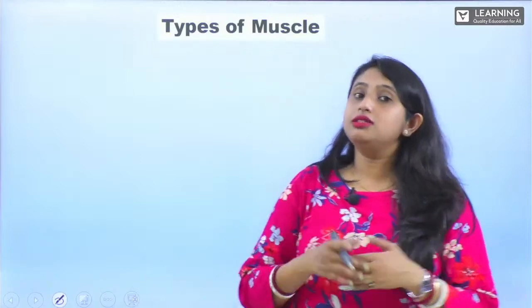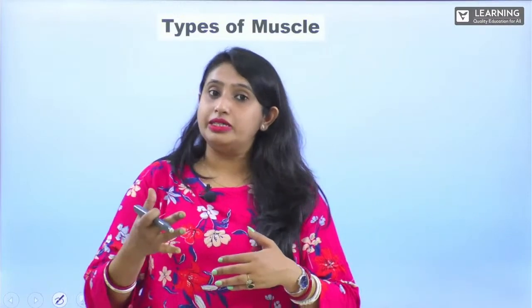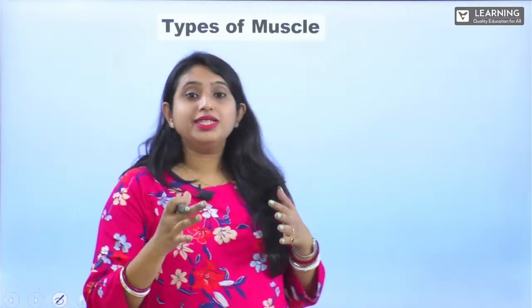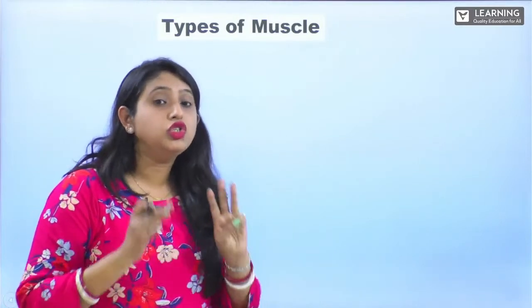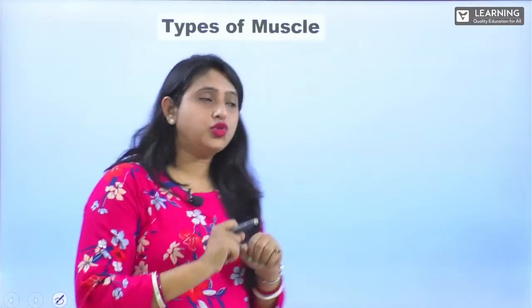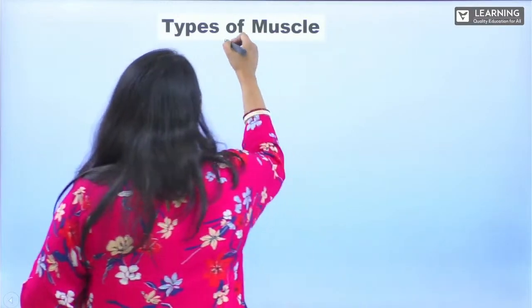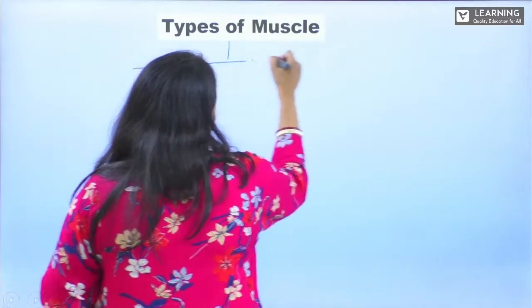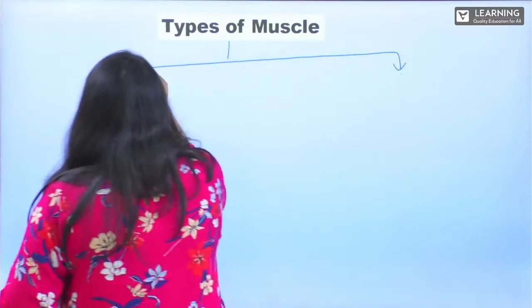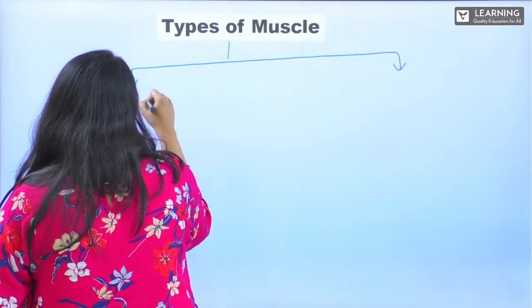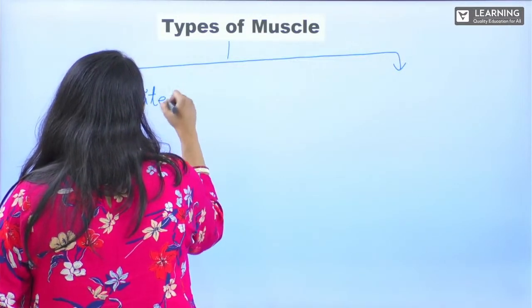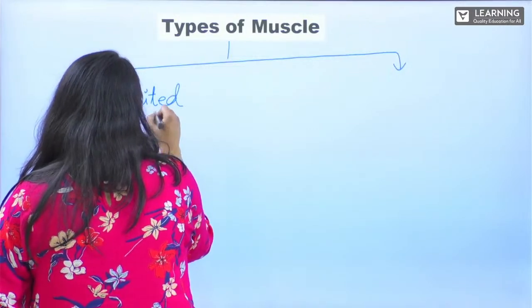So now let us learn about the types of muscle. As I have said, the muscle is again divided into how many types? It is divided into 3 types. So what are the 3 types? You can write it down. The first one is striated muscle.